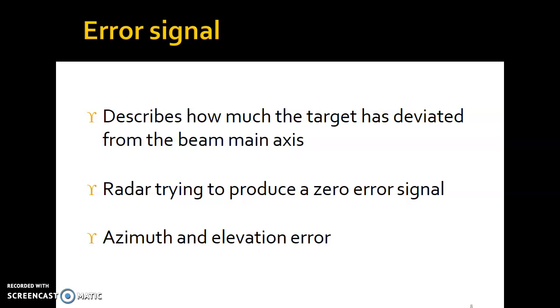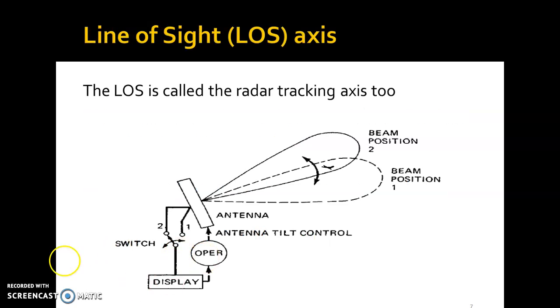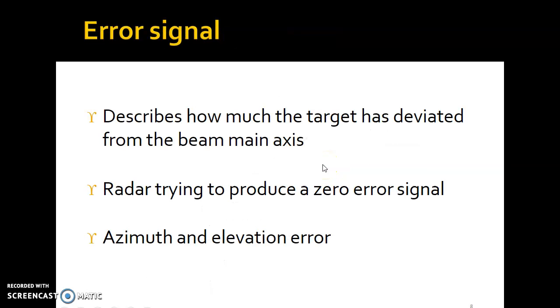Now, zero error signal means the target is lying exactly over the, as we can see over here, when the beam will exactly lie upon this target axis. When the main beam is lying over this target, then it means that there is no error. The error has been removed. That is a zero error signal that I'm talking about.